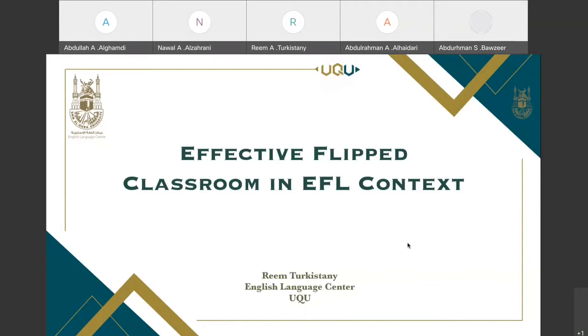I'm going also to provide some examples of how to implement this method in the EFL context. This will be followed by some tips and tricks for successful implementation, and some points to keep in mind if you want to go ahead with this unit.